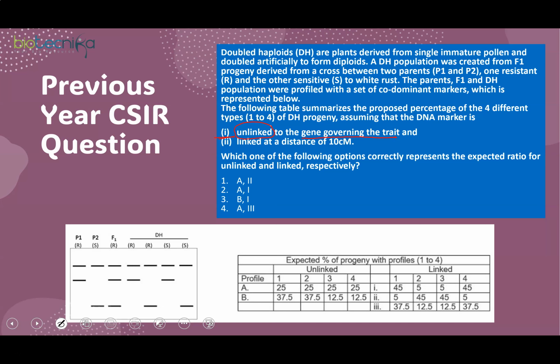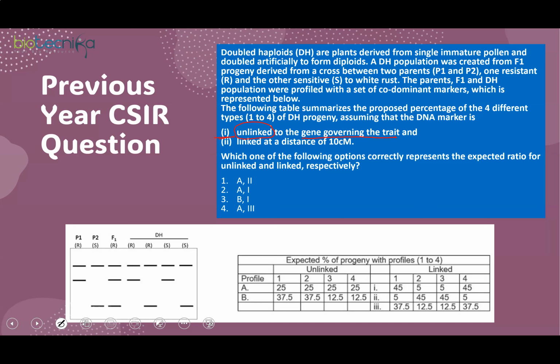Yes, we have to apply Mendel's third law, that is the law of independent assortment. If two different genes are assorting independently, then in the next generation we will expect all the possible combinations in equal proportion. If there are four possible combinations, they will all be present in equal proportion, so each will be 25%.